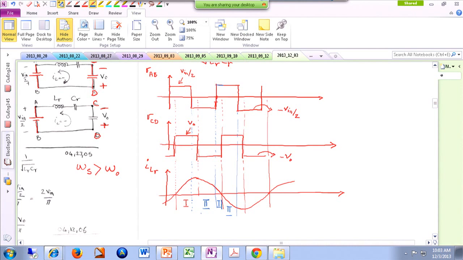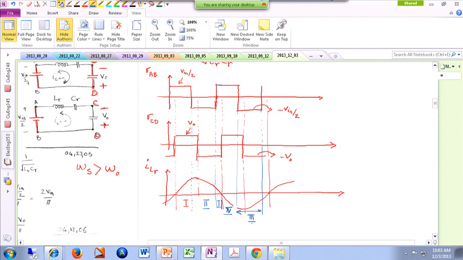Okay, so here ILR is negative, VAB is positive, so that's mode number 4. All right, and from here all the way down to here, you can see VAB is negative, ILR is also negative, so we are looking at mode number 3. So this is kind of the sequence of the modes that you are actually looking at.